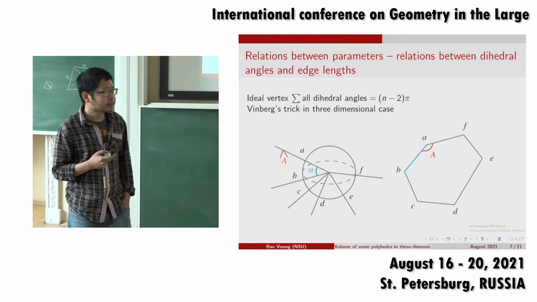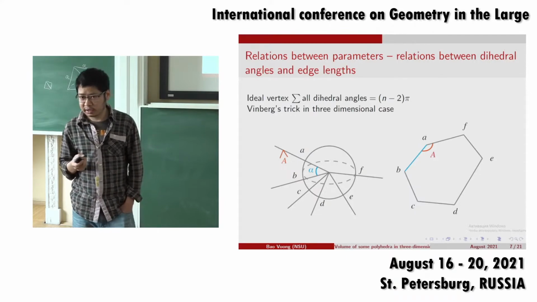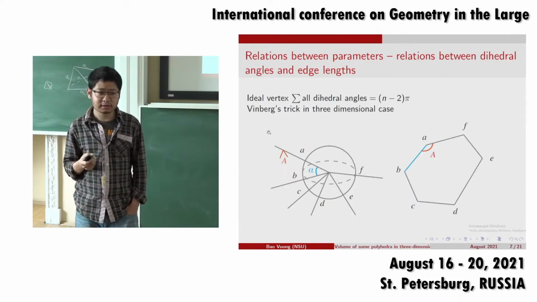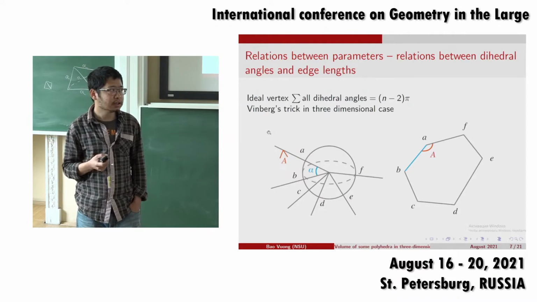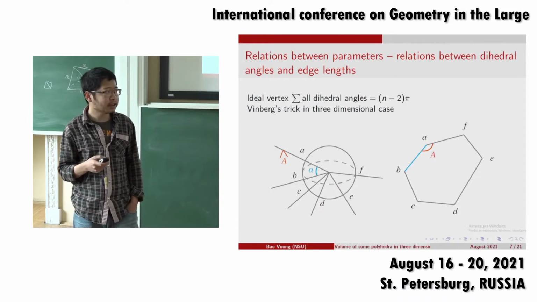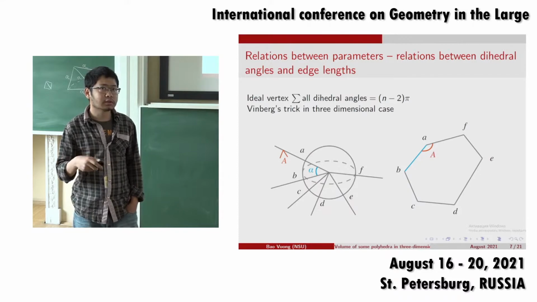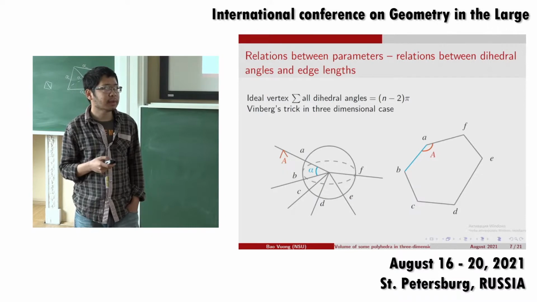And in hyperbolic space, the vertices of a polyhedron can lie at infinity, and in this case the sum of the dihedral angles around the vertex is equal to (n minus 2) pi.